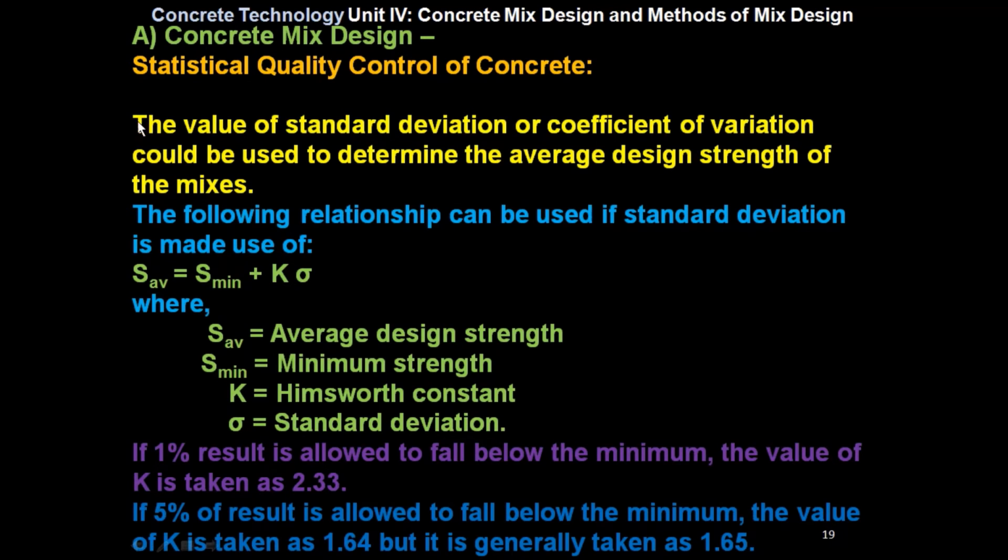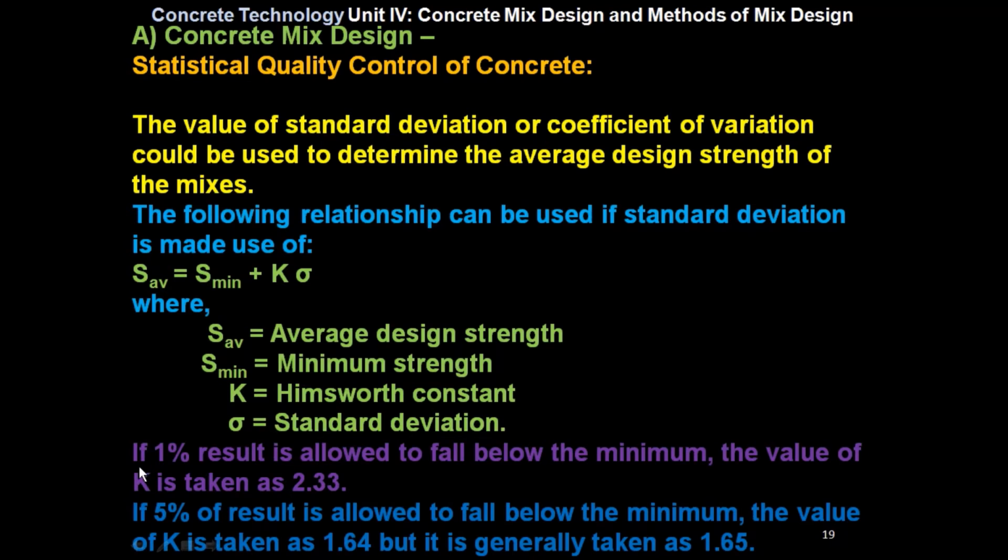The value of standard deviation or coefficient of variation could be used to determine the average design strength of the mix. The following relationship can be used if standard deviation is made use of: S_av is equal to S_min plus K sigma, where S_av is equal to average design strength, S_min is equal to minimum strength, K is equal to Himsworth constant, and sigma is equal to standard deviation.